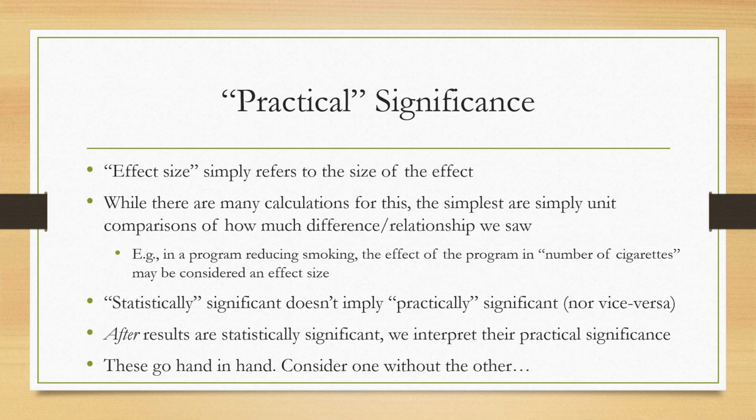But that's what a lack of statistical significance in a finding means, is that we don't have that evidence to say we think this is more than chance. And ultimately, that means that I don't know that that effect is really there in the population. I don't know that there's any effect there in the population. That's what the lack of statistical significance means.